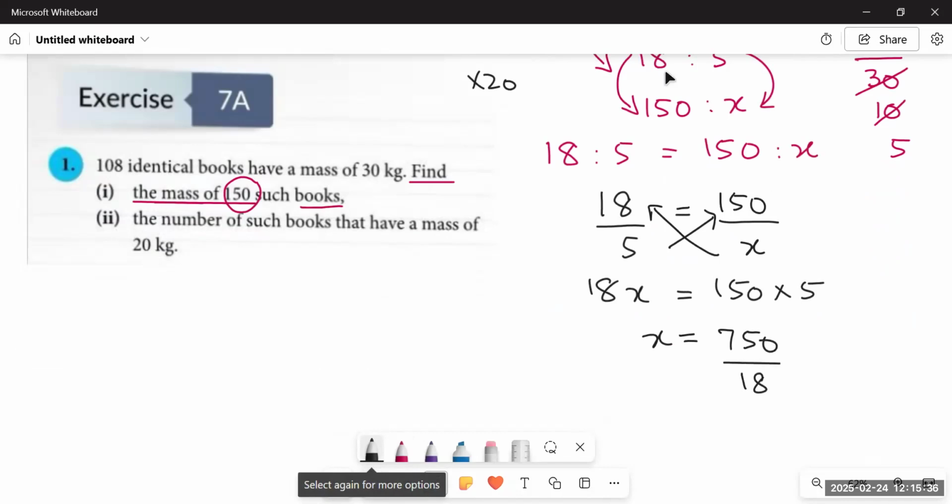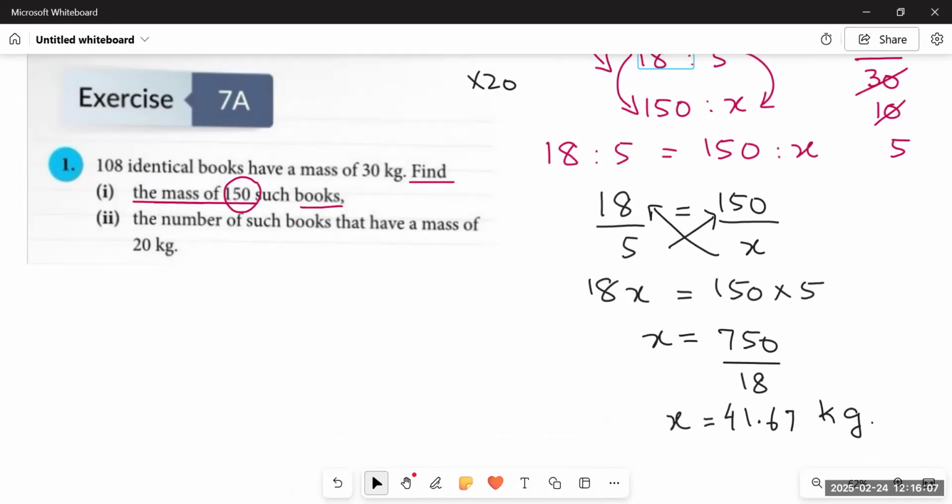So the answer to this would be 41.67. After rounding it up, it becomes 41.67 kgs.